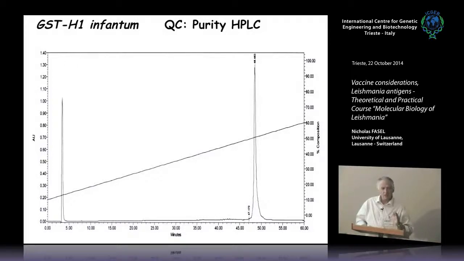But they realized there was a small contaminant in this CS prep, and they probably never figured out what it was. Because of that, they stopped the whole vaccine program. So you have to be careful what you do. You better define exactly what you have. If you have a contaminant, you have to try. But now we have tools to define exactly what it is. Before we had not.